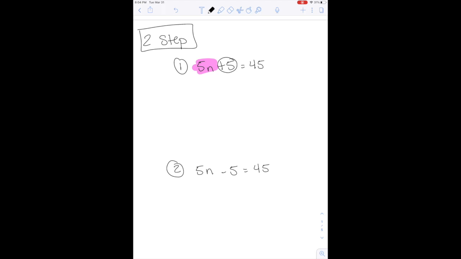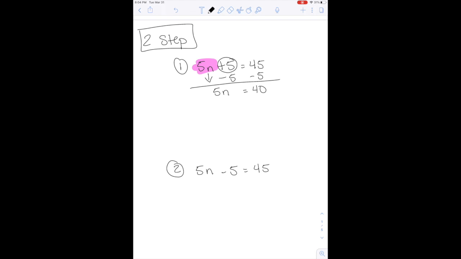So we see that it's adding, so we have to do the inverse, which is subtract. Whatever I do on one side of the equal sign, I have to do to the other, to that friend. So since both the 5 and the 45 do not have a variable, they are friends. So I didn't do anything with my 5n. It comes straight down, and I'm left with 5n equals 40.